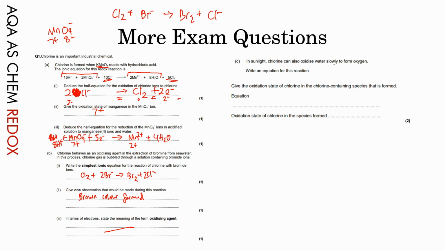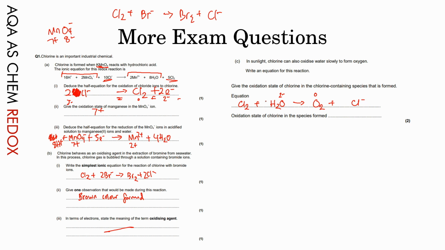And finally, C. In sunlight, chlorine can also oxidize water slowly to form oxygen. Write an equation. Oh yeah, give the oxidation state of the chlorine in the species formed. So Cl2, we know that, and it forms oxygen from some amount of water, where 2 minus goes to 0. Chlorine would have to be reduced then, because it's an oxidizing agent, plus Cl minus.